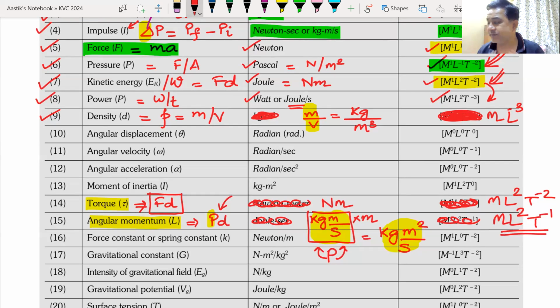Anyone has any doubt? How we are finding out the units? How we are finding out the dimension? I'll give you 1 minute to go through this. If you have any problem, beta, please ask me. Doubts must be cleared here and now itself. You only have to do those dimensions that I am telling you right now.